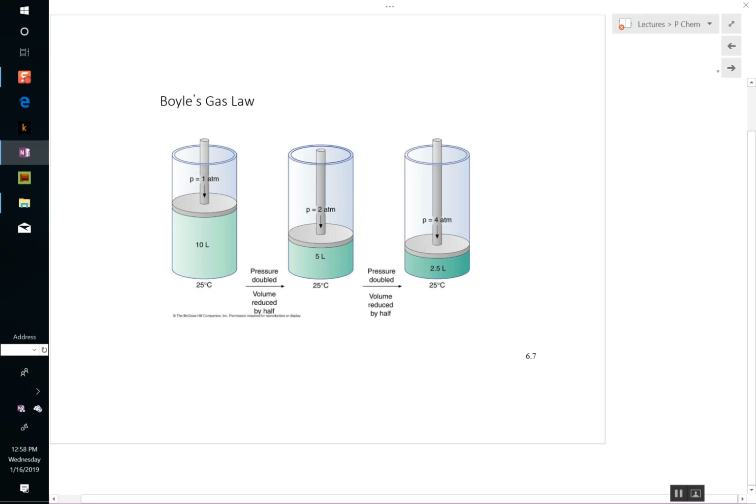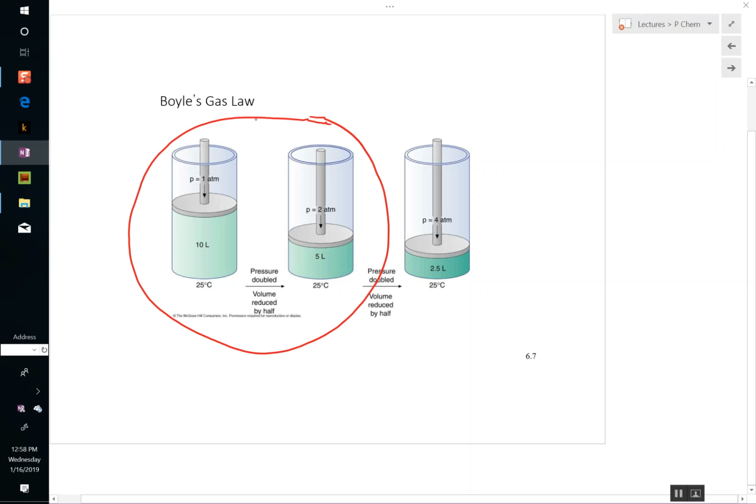Just quickly, some of the key laws. Boyle's law: if you double the pressure, you halve the volume. Looking right here, you just look at those two examples.